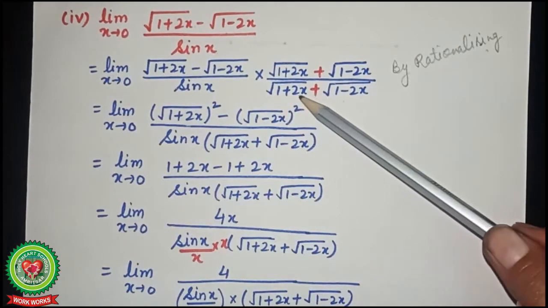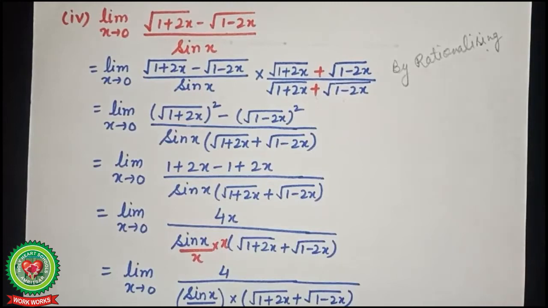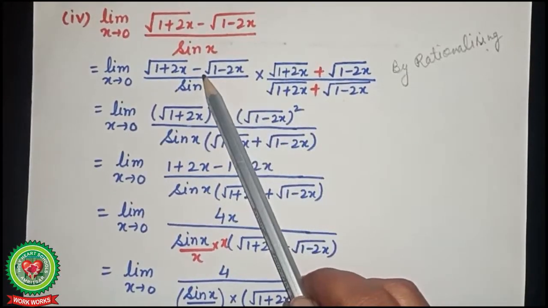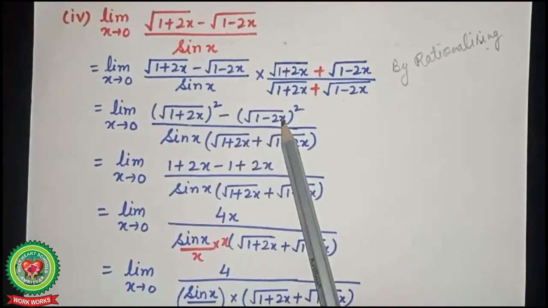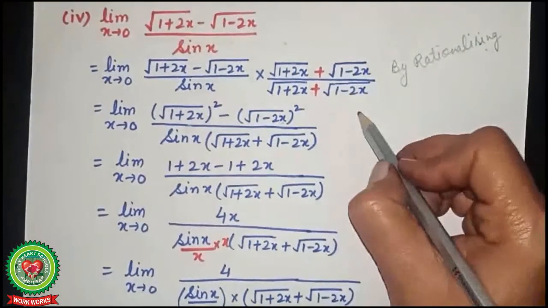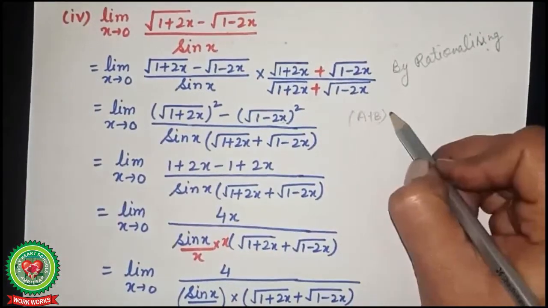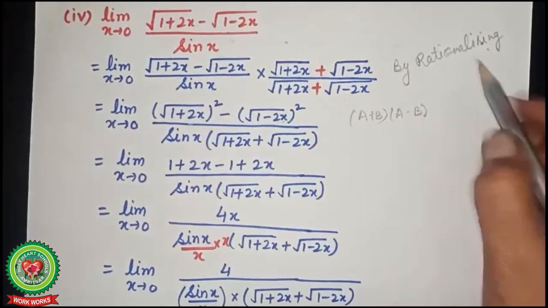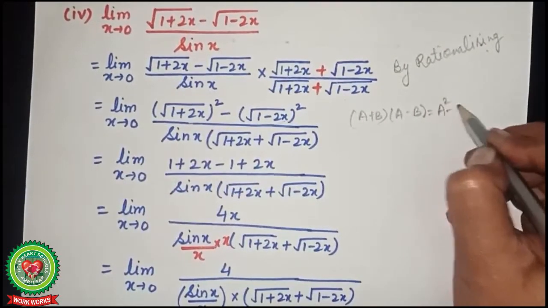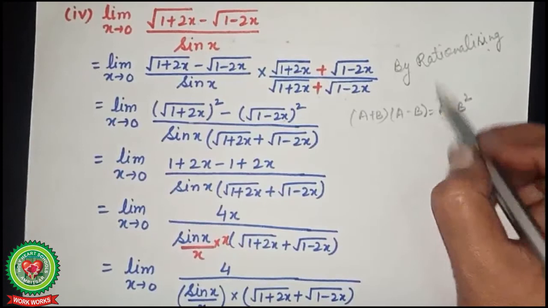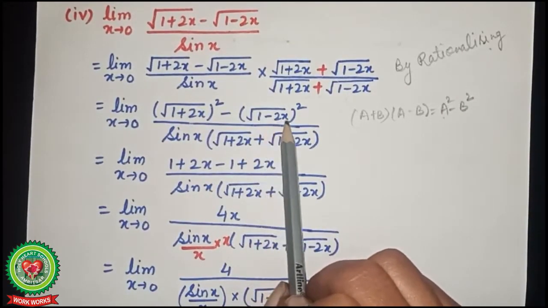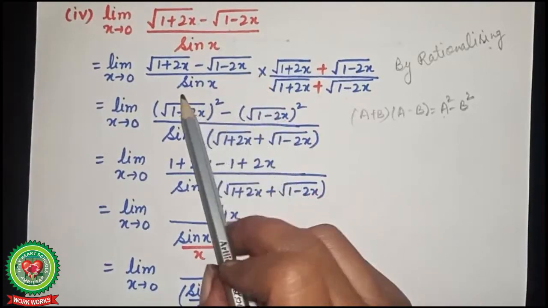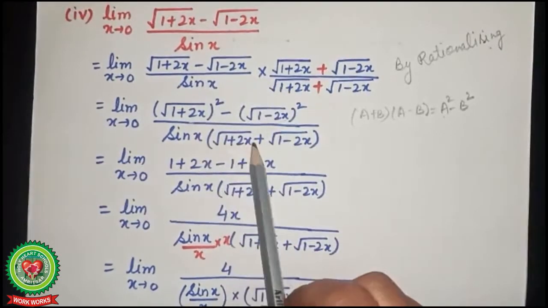Now, when you multiply, they form the identity of a square minus b square, because a plus b multiplied with a minus b gives a square minus b square. Here a is under root of 1 plus 2x and b is under root of 1 minus 2x. In the denominator, these terms are simply multiplied.